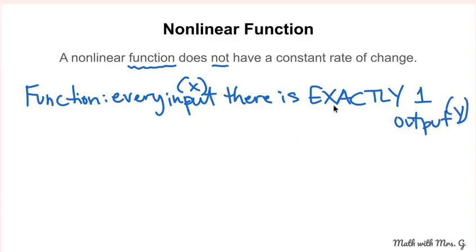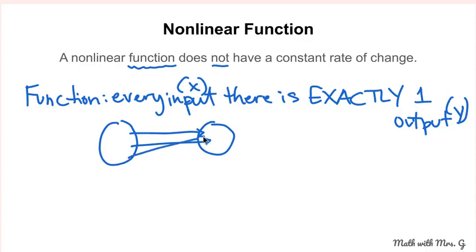Remember when we were going over functions and we had those mapping diagrams and we were drawing the arrows, and how things could only have one arrow coming off of every single input. That's what we're talking about. So when we're answering the question about function, this is the definition we're talking about.